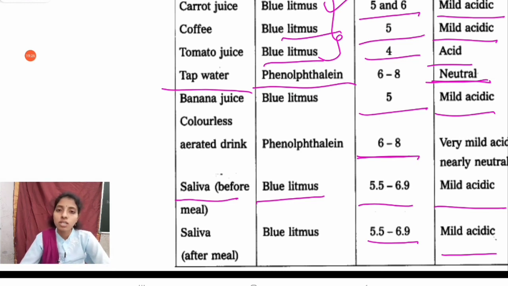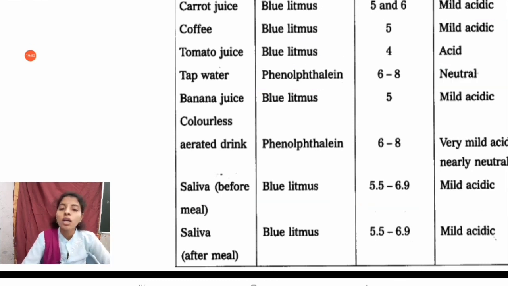In acid solutions the H3O+ ion concentration increases, and in base solutions the OH- ion concentration increases, right? So the pH scale gives the ranges of acids and bases. So this is about the pH values of the different solutions when we use the pH paper to indicate acids and bases. Thank you.